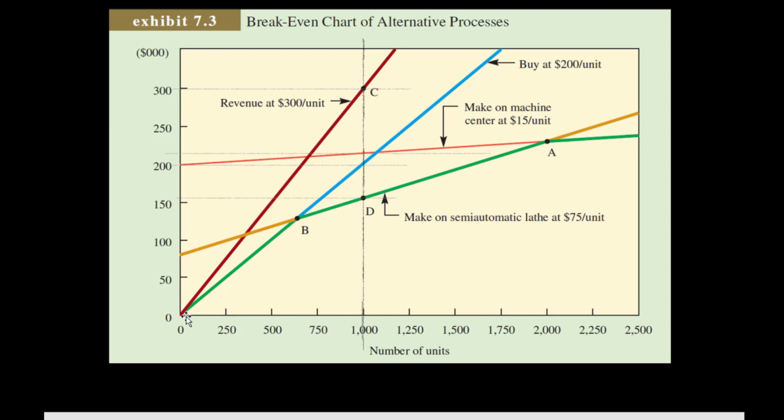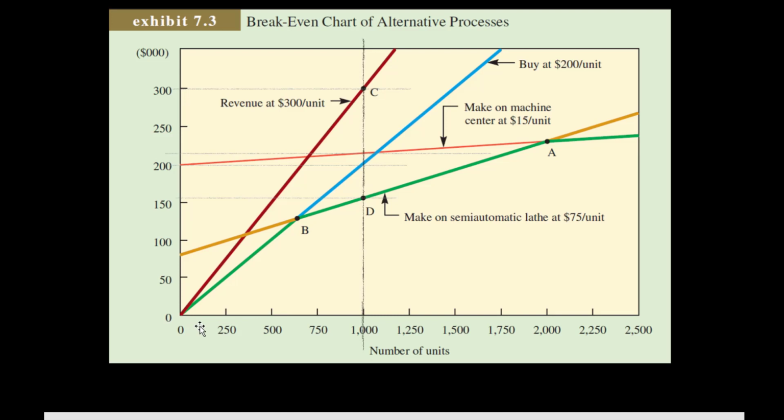And the edge of this lowest cost region will be from 0 to B, or origin to B, then B to A, and A onwards. So this green line is our edges for the lowest cost area. So our lowest cost option will be lying on these edges only.